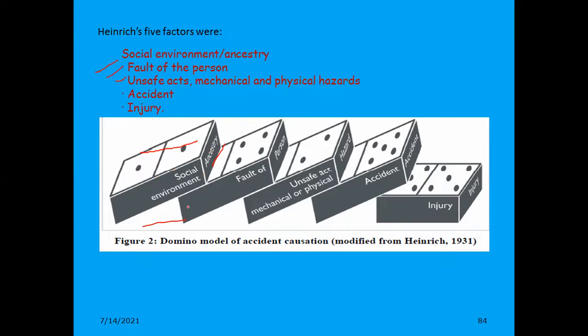Now these two things combine together and fall on the unsafe acts, which are mechanical or physical acts. From here it falls to the accident, and after the accident you get an injury. This is the Domino's model of accident causation.